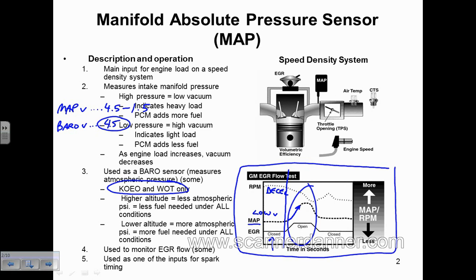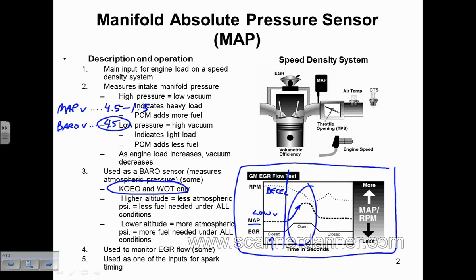And when we're decelerating, you don't need any fuel at all going into those cylinders. It doesn't matter what the air-fuel ratio is on a decel. In fact, I showed you when we did throttle position sensors, our cars actually shut the injectors off during a decel. That's one of the things that makes fuel-injected cars so much more efficient than an old-school carbureted design. On a carbureted engine during a decel, you were just dumping fuel out of the exhaust.